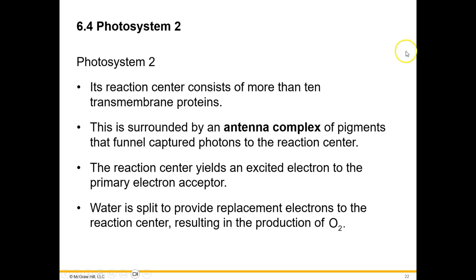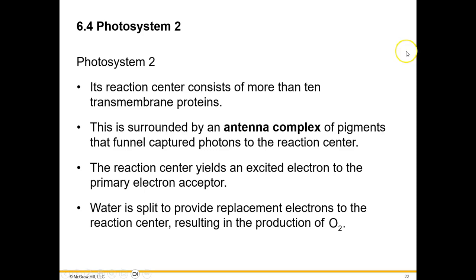It is surrounded by an antenna complex of pigments, and they are funneling those captured photons to the reaction center, because the reaction center chlorophyll is the only one that can pass on those energized electrons and donate them to the electron transport system, which is where they need to go. The reaction center yields an excited electron to the primary electron acceptor.